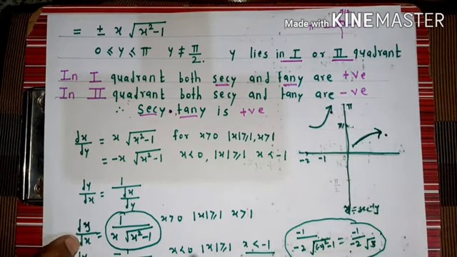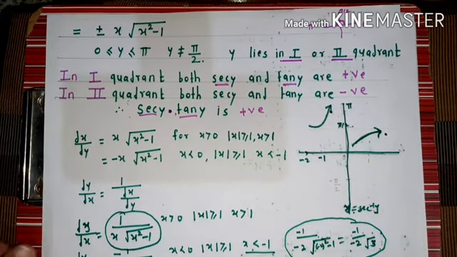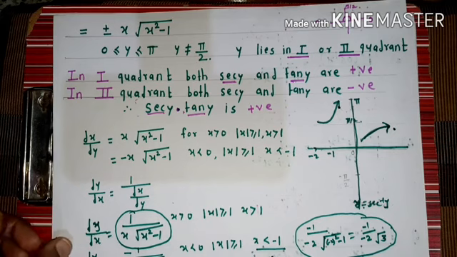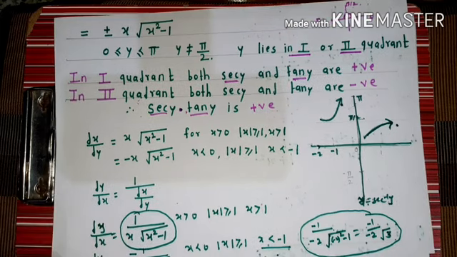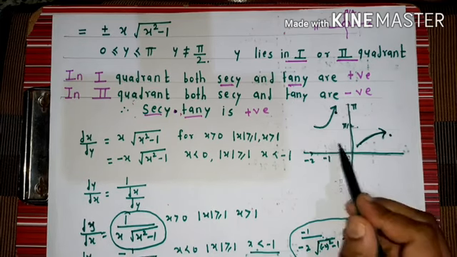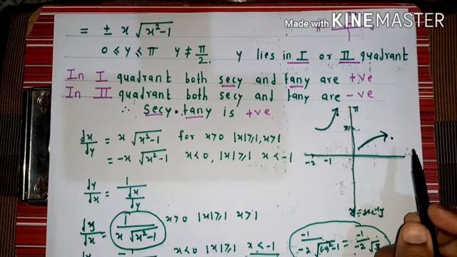In both cases the graph is increasing. That's why we take the differentiation of sec inverse of x as always positive. Remember that in one case it is positive, in another case it is negative, but always we consider the differentiation of sec inverse of x as plus 1 upon x into square root of x square minus 1, that is positive, because in both cases the graph is increasing.